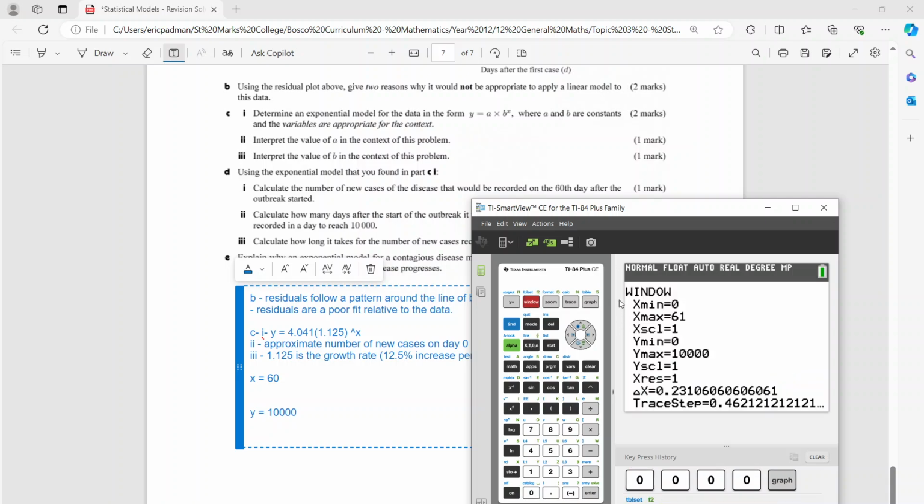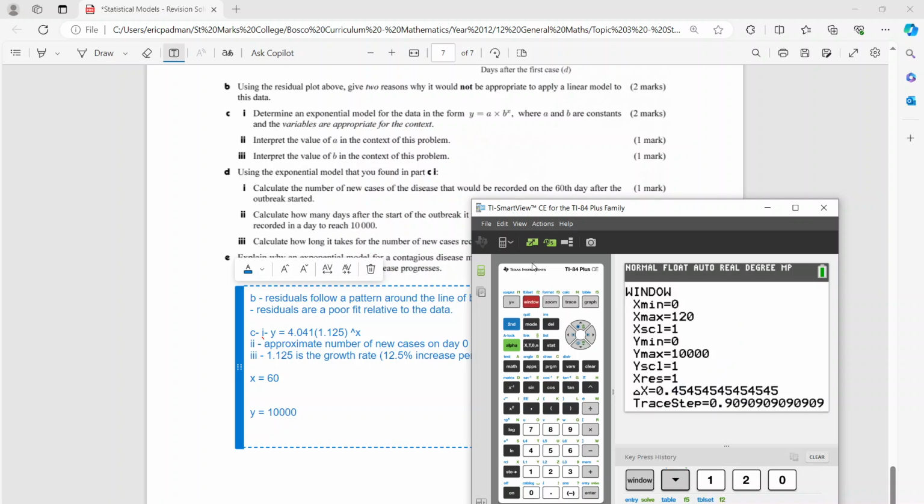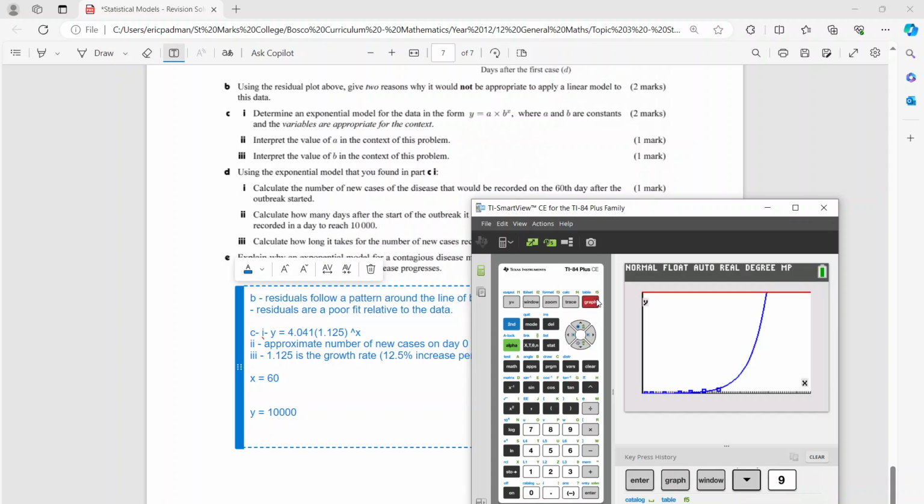Let's go to day 100, or 120, probably a bit too much, let's just do 90. That'll do. You can barely see these now because we've zoomed out so far. There's a lot of extrapolation there, so you'd be commenting on the unreliability of that.